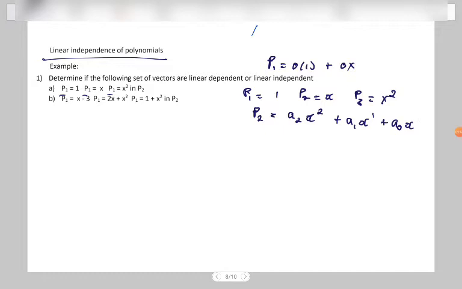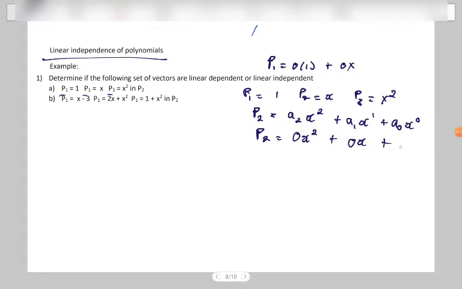So this is a polynomial in P2. Meaning that always we take the a1 as 0 for linear independence and linear dependence. So a1 is going to be 0, x squared plus 0x plus a0.